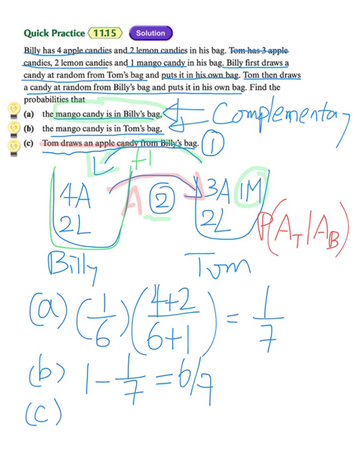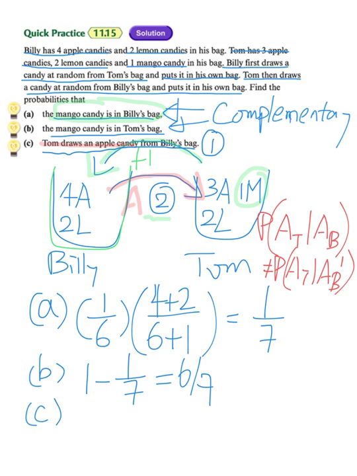You can see that these two are not the same. If the apple candy cannot be taken by Billy, then in Billy's bag the number of apple candies will be less. Otherwise, it will be more by 1. So then the situation will become like this.